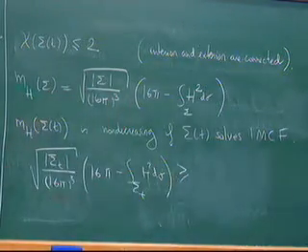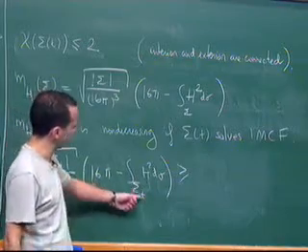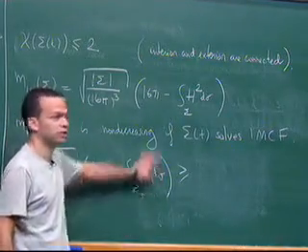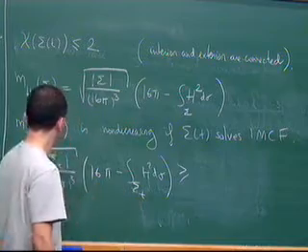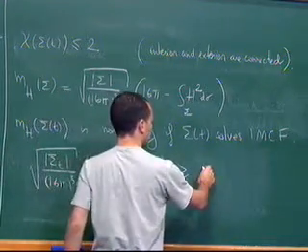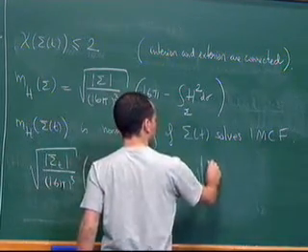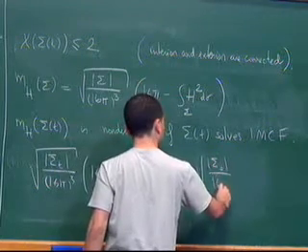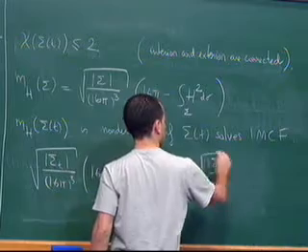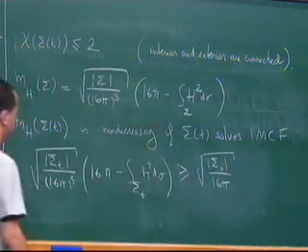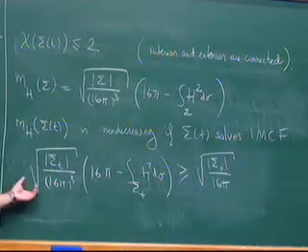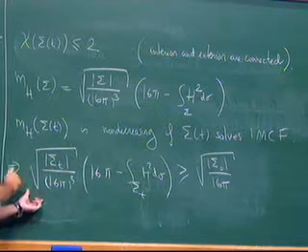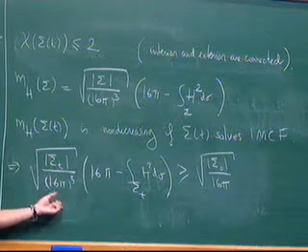But the Hawking mass at time 0, remember that at time 0 I have a minimal surface, so this integral just disappears. Then I get the square root of the area of sigma 0 divided by 16 pi, because I have a 16 pi here. So that's the inequality that I get from the monotonicity of the Hawking mass.